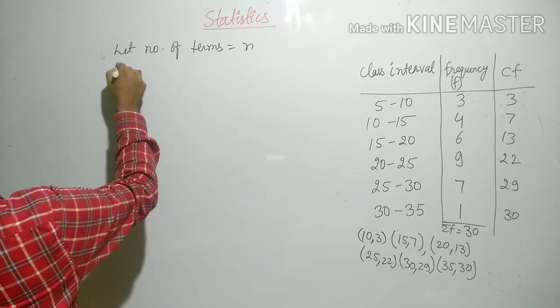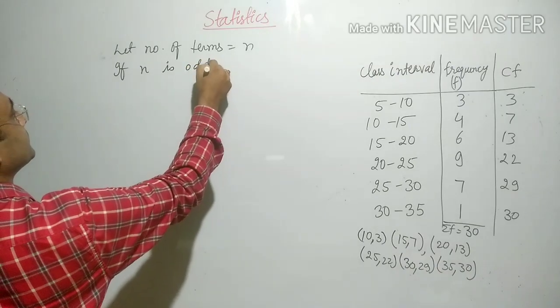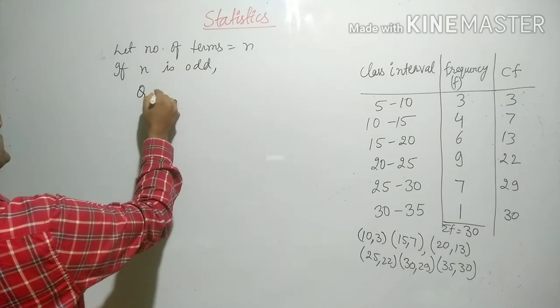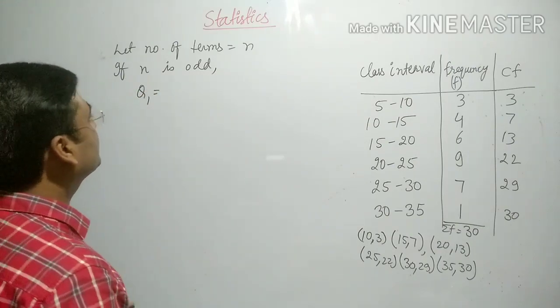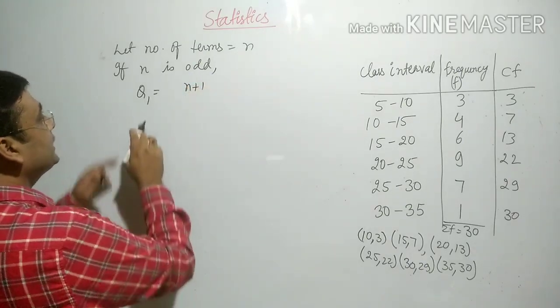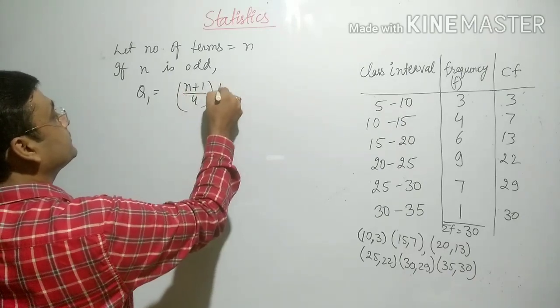If n is odd, then first of all Q1: I will write it in this way so it is easy for you to memorize. You will write (n plus 1) divided by 4, the 1/4 part, th term.